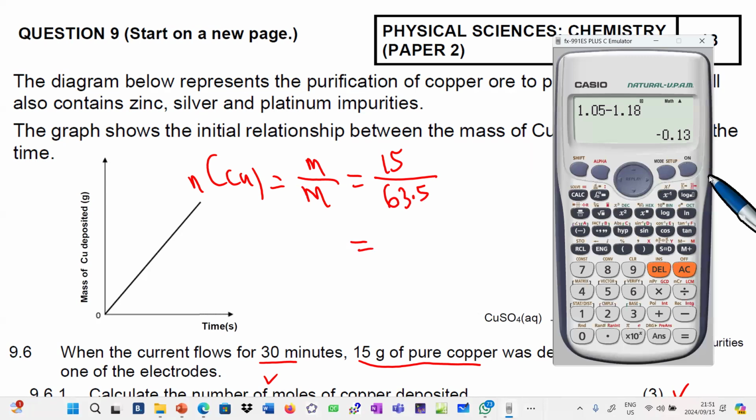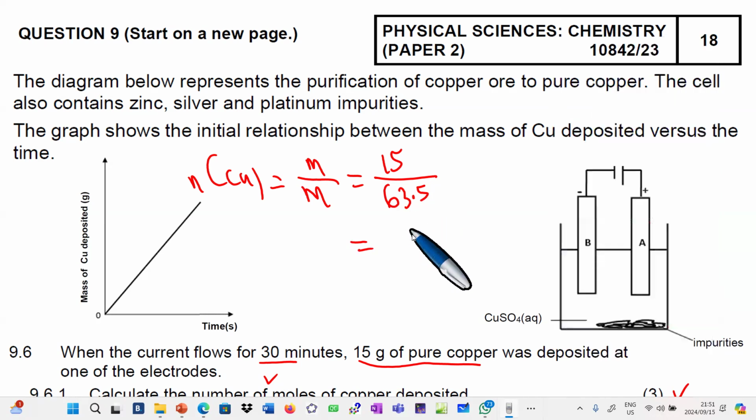Let's use our calculator, which is exactly 15 divided by 63.5. And the answer is 0.24 moles. Right, so this is actually exactly 0.24 moles.